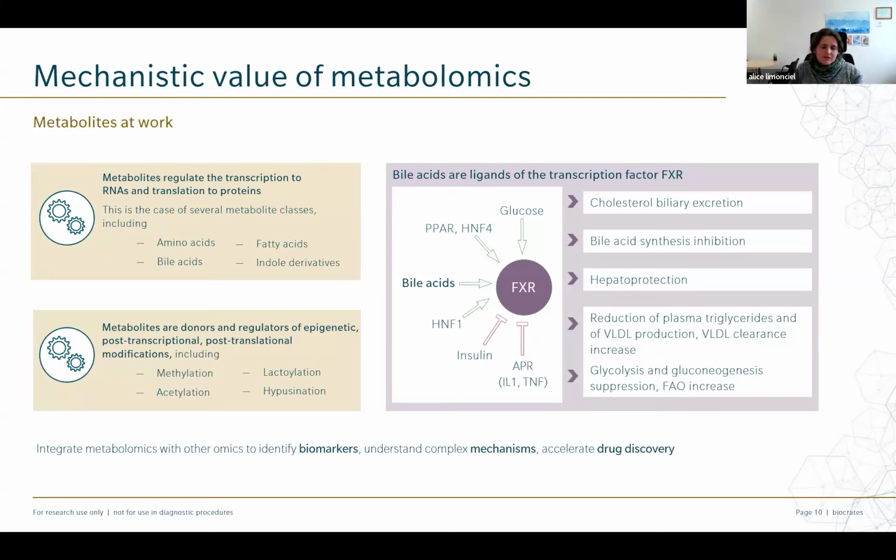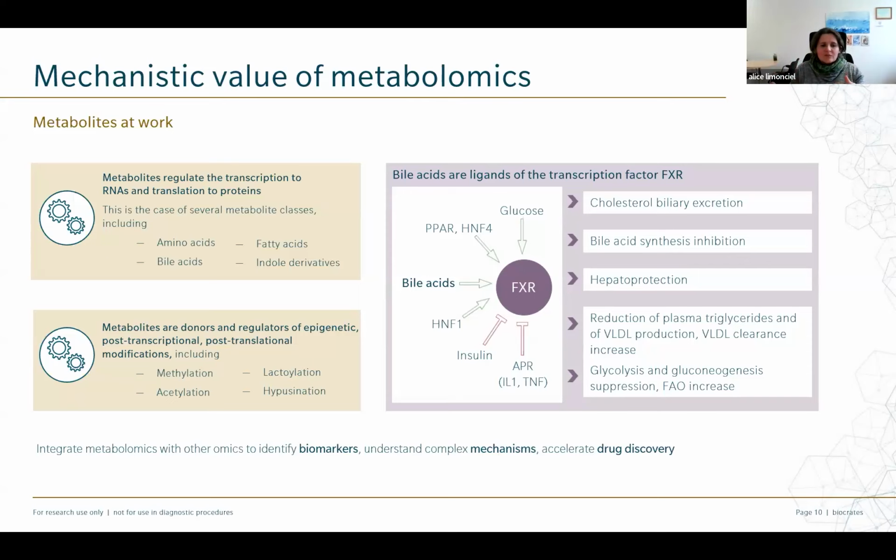Also, indole derivatives, for example, are very well-known activators of the AHR receptor. In addition to that, when we look at modifications of the DNA, for example, with epigenetics, or at post-transcriptional or post-translational modifications on RNAs and proteins, these take metabolites as the matter that is being added onto the other molecule.